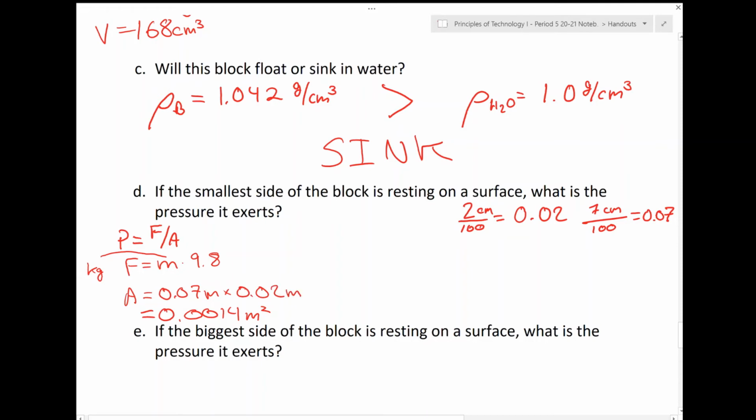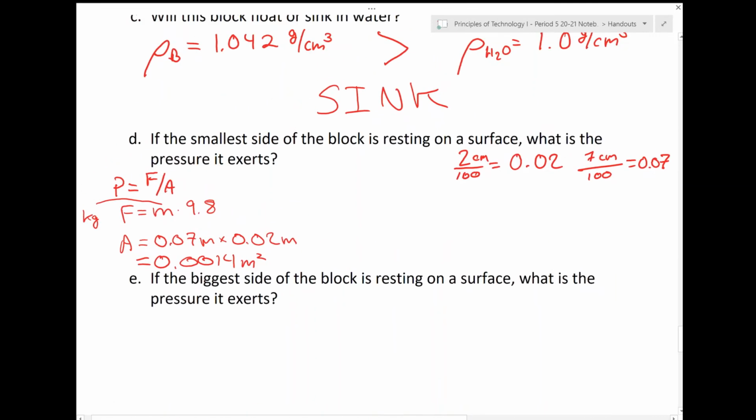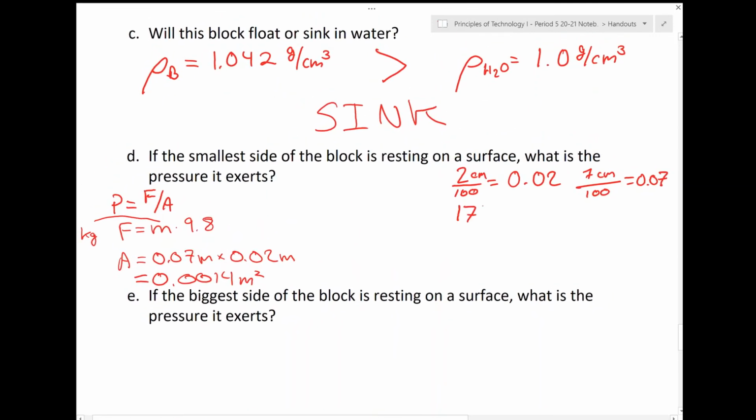To find the force, we need to take the mass that is in grams, 175 grams. To change it to kilograms, we divide it by 1,000. When we do this, we get 0.175 kilograms.